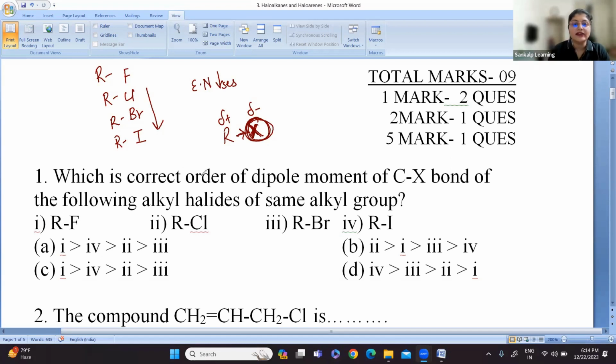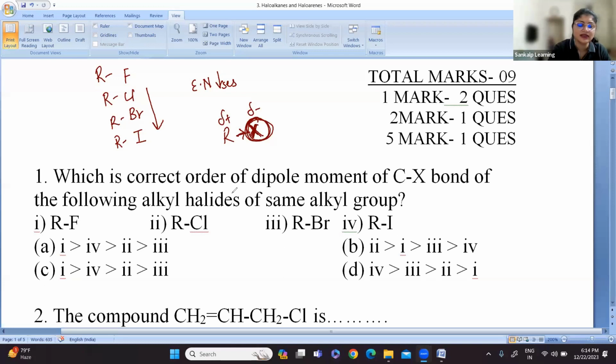Therefore, it will follow the trend that RCl is greater than RF is greater than RBr is greater than RI. So the dipole moment decreases as the size of the halogen atom increases. So this is the reason.